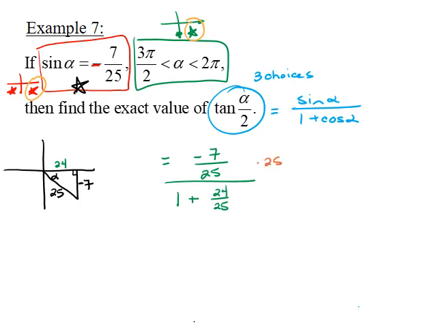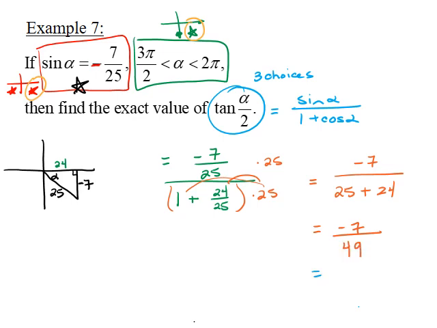I don't want fractions within fractions. My denominator in the top and the bottom is 25. So I'll cancel this out by multiplying the top and the bottom by 25. So I have negative 7 over 25 plus 24. This gives me negative 7 over 49. 7 goes into each of these numbers evenly.